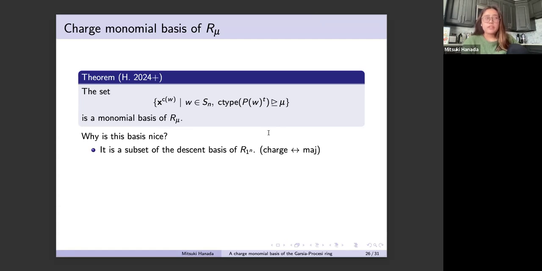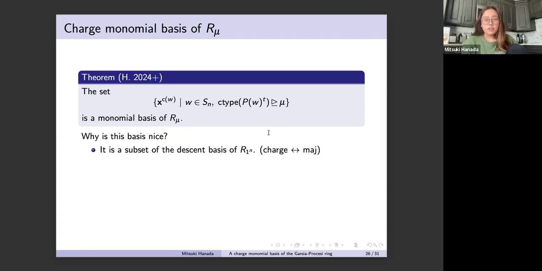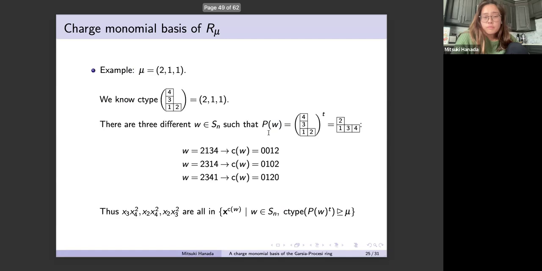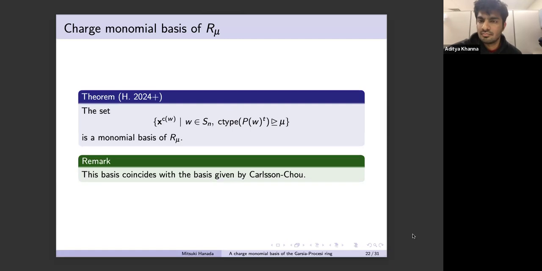I'm assuming that even if you do the same thing with a semi-standard picture, you will get the same basis, but either the charge word looks uglier, or it's not going to be a one-to-one correspondence where the standardization corresponds to the exact same monomial. You might have to do some finessing to show why it works. I think the semi-standard picture fits better with the Carlsson-Chou result that I have here, where they talk about shuffles of things, because what they're essentially doing is considering semi-standard words, even though they don't phrase it that way in their work.